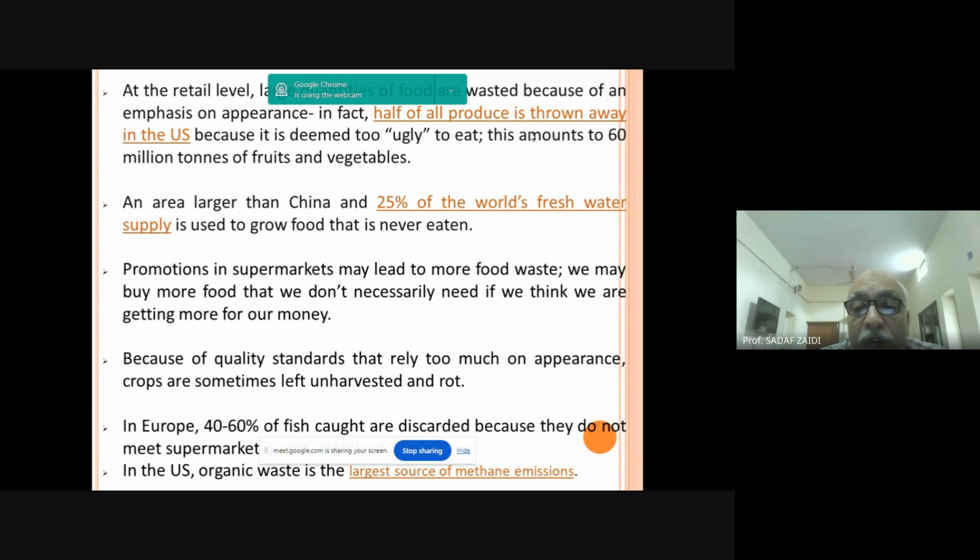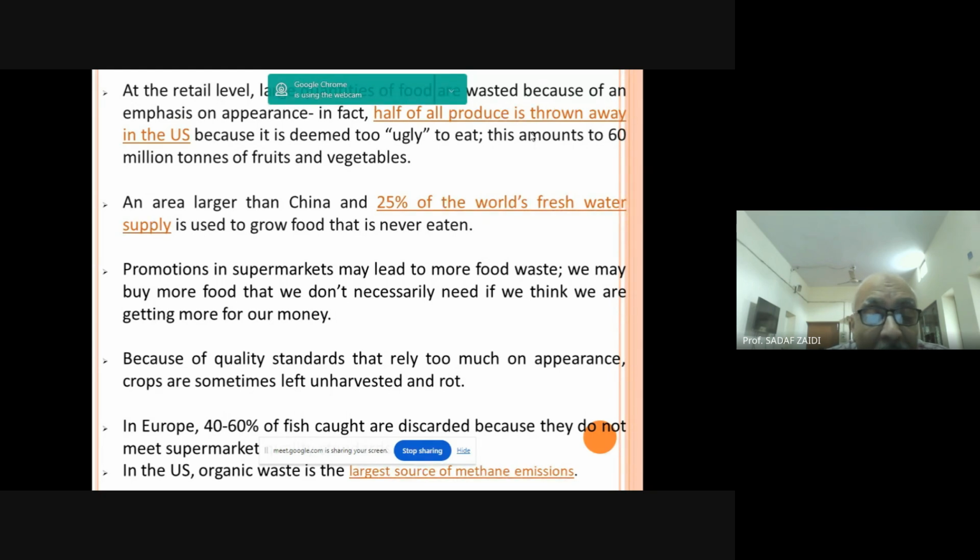Then food waste, the promotions in the supermarkets, they lead to more food waste. And then we've got our quality standards, which are basically tailored to the appearance of the crops. So because of that, we allow some of the food to go unharvested, or we allow it to rot.